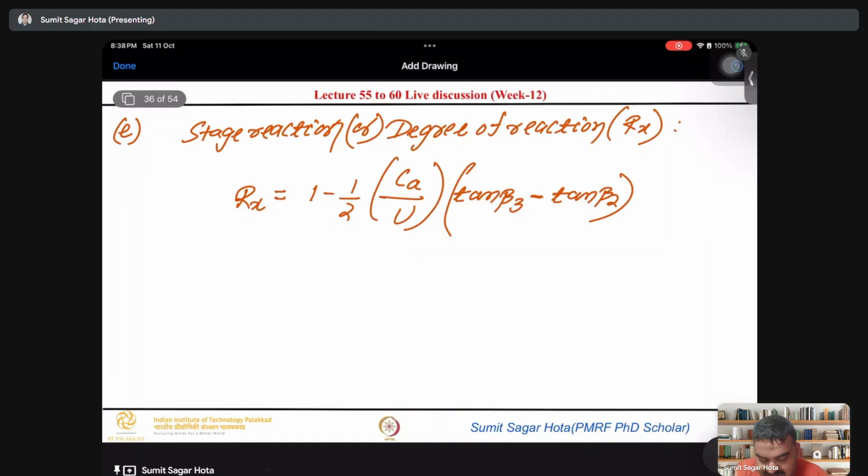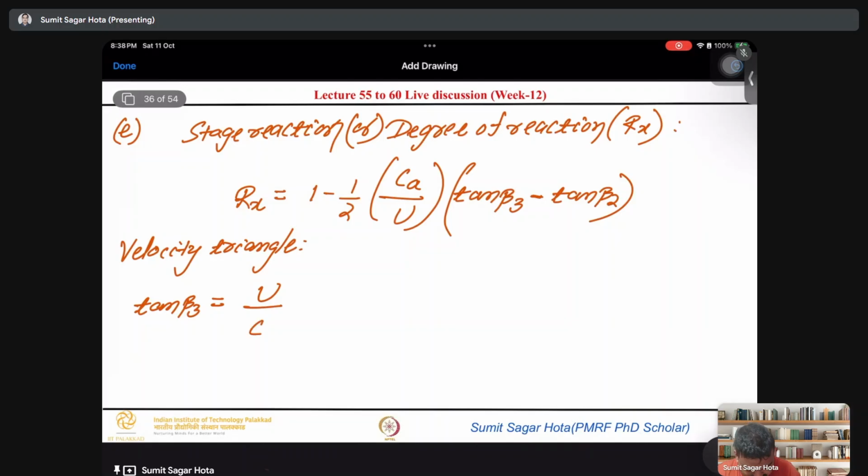Okay, so from the velocity triangle, we can find out the beta 3 and beta 2. Tan beta 3 is equal to u by Ca, and tan beta 2 is equal to tan alpha 2 minus u by Ca.